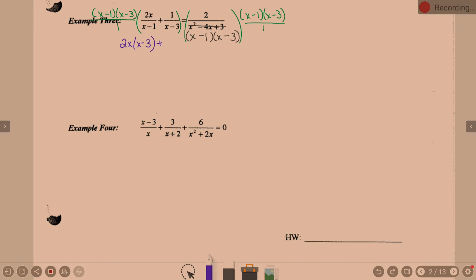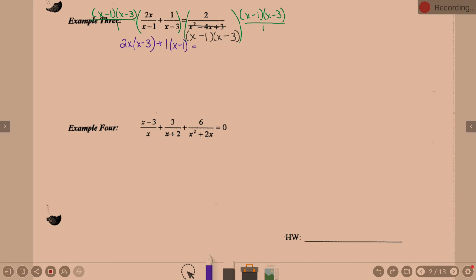Plus. Okay, now we're multiplying x minus 1, x minus 3 times 1 over x minus 3. This time the x minus 3 cancels, leaving us with the x minus 1. If you want, you can say 1 times x minus 1. But really, it's just an x minus 1.